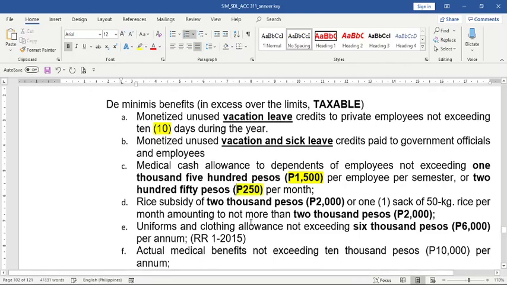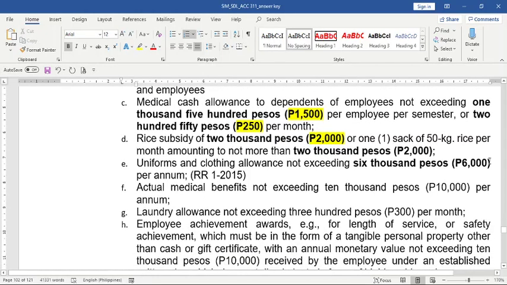Rice subsidy, 2,000 pesos or 1 sack of 50 kilogram rice. Not more than 2,000. So, our limit is 2,000. Excess of it, taxable.